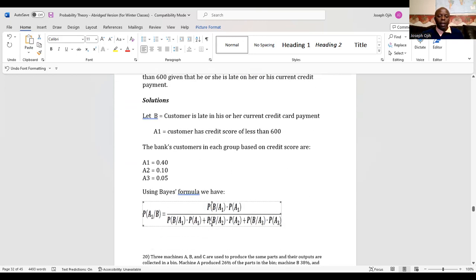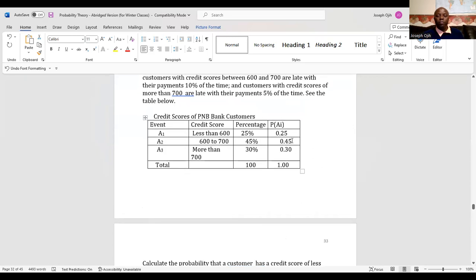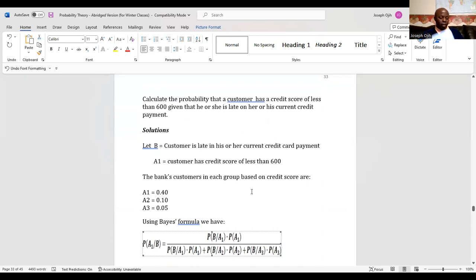For the second one, the probability of B given A2, that the customer is late given A2, is 0.10. And the probability of A2 is 0.45. So now I'm going to plug them all in, and then we do it together.